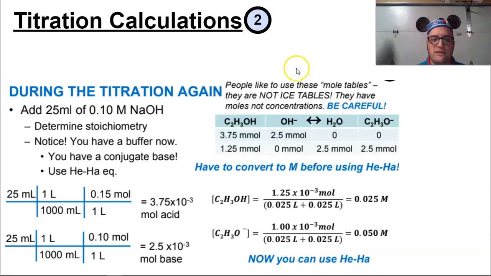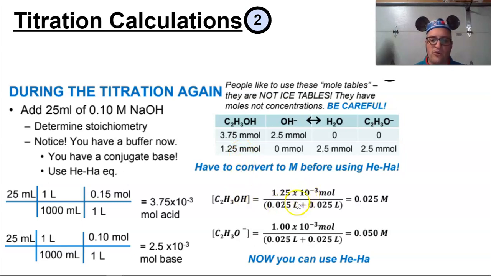Now let's say we're doing the same thing, but a different volume, 25 milliliters. We have the same idea, stoichiometry, buffer, we have the conjugate base, acid. So original amount of the acid, the amount of the base, again using millimoles, can be one way of going about it. And we can see that we now have different amounts of our conjugate base and less of our original weak acid.